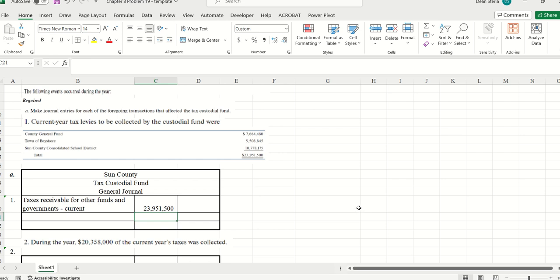Okay. And then we're going to have due to other funds. And that's going to be the amount right here for the county general fund. That's how much is due to the general fund.